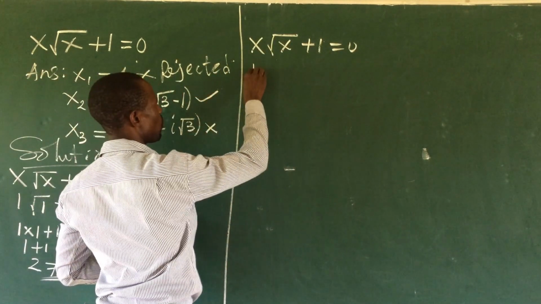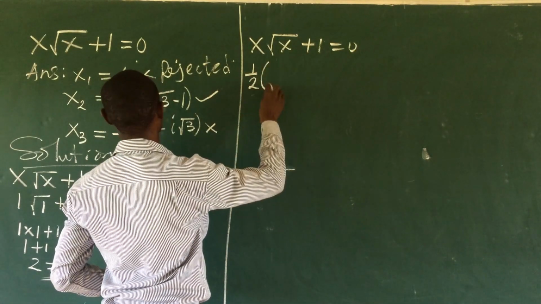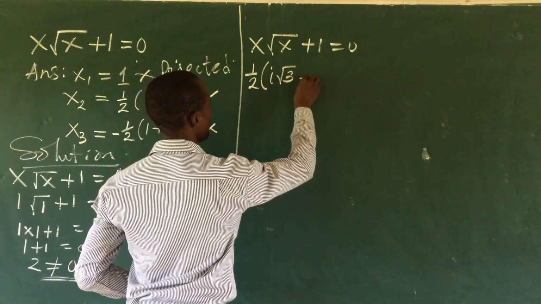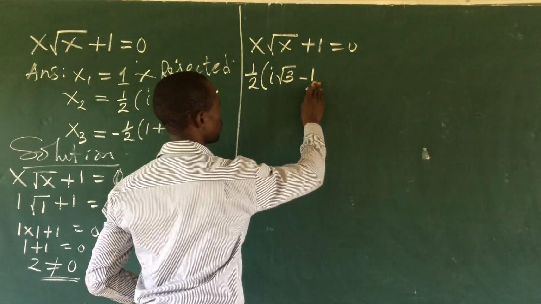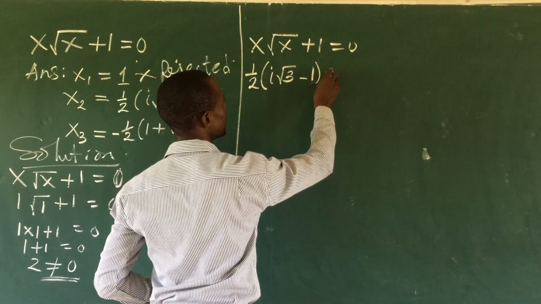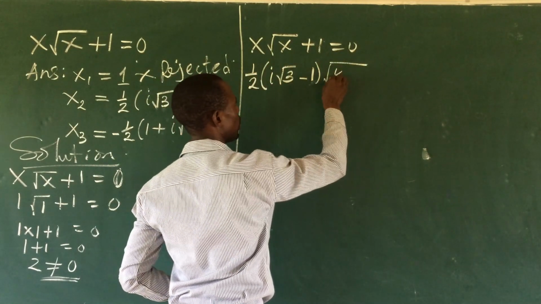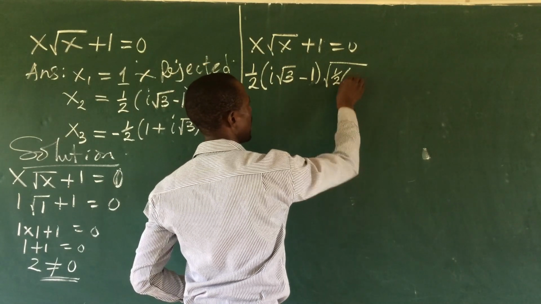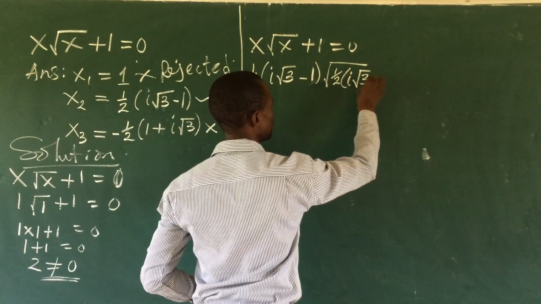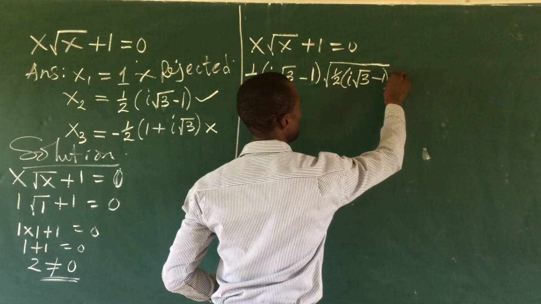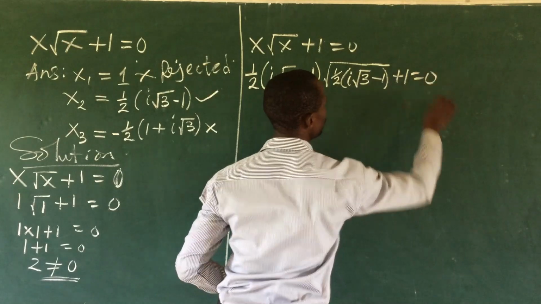So this will give us 1 all over 2, bracket open, iota root 3, then minus 1. This is 1, then close bracket. Then here we have the square root of 1 all over 2, bracket, iota of square root of 3, then minus 1, close bracket, plus 1 equal to 0.